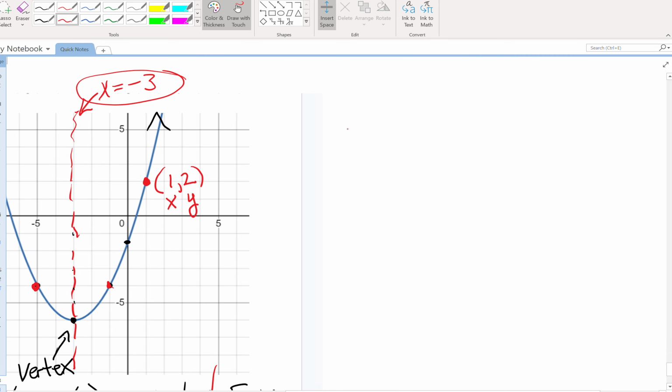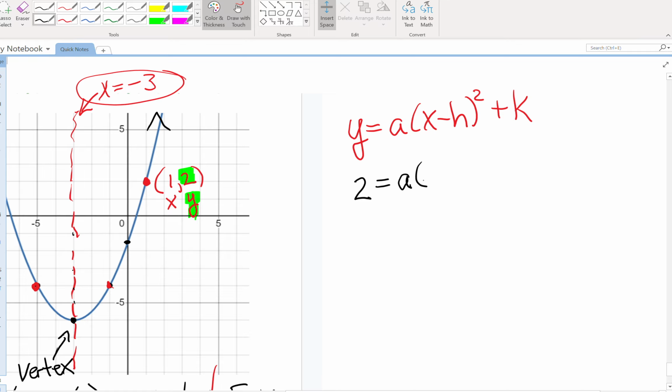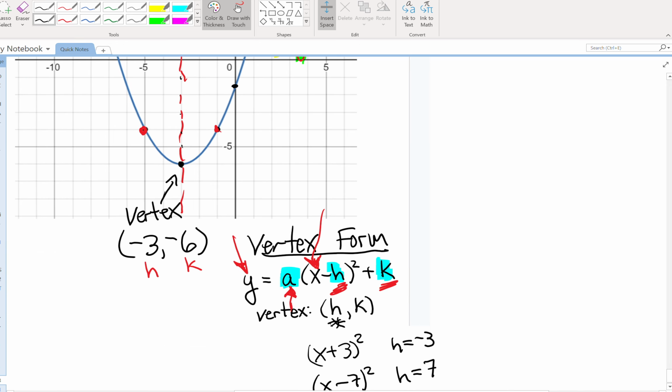Let's first write the equation: y equals a times (x minus h) squared plus k. Well, y we have right here. That's y equals 2, so I'm going to put 2 for y. A, we don't know. That's what we're going to solve for. X is 1. So instead of x, here I'm going to put 1, minus h, but h is -3.